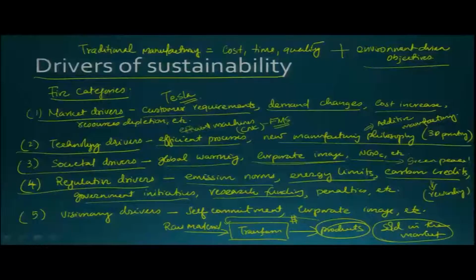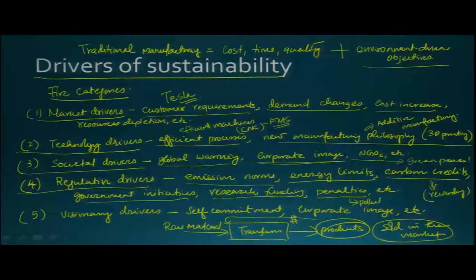Then there are penalties. If an organization is found dumping pollutants into the atmosphere, land or water bodies, the pollution control board finds out whether you are being conscious about the environmental impacts. If you are not, then a fine is imposed. A classic example is the Volkswagen group, which has been fined by various bodies in the world for cheating the emission norms. So these are examples.